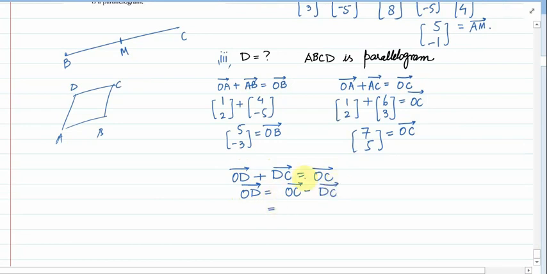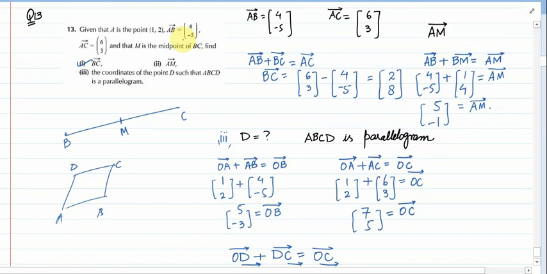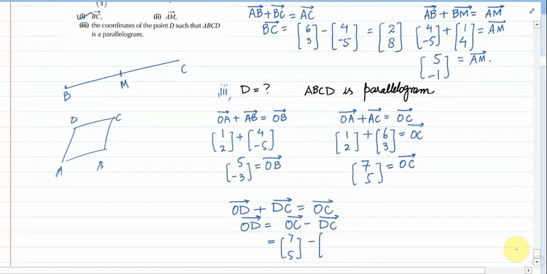Now what is OC? The coordinates of C is 7, 5, and DC is what? Basically DC is equal to AB, and AB is known, it's 4, minus 5. So 7 minus 4 is 3, and 5 plus 5 is 10. Those are the coordinates of D, and that is your final answer.